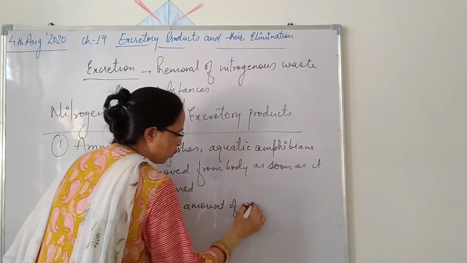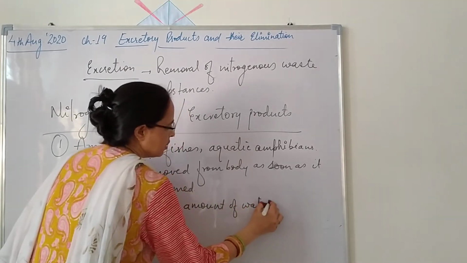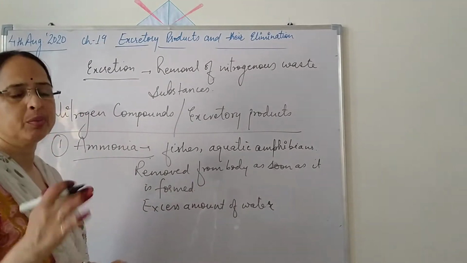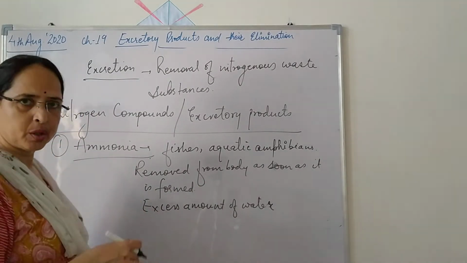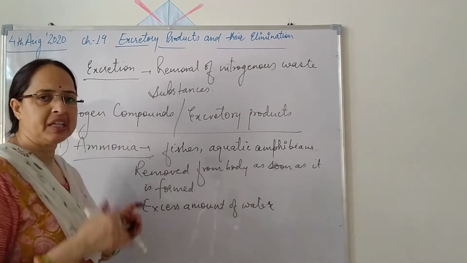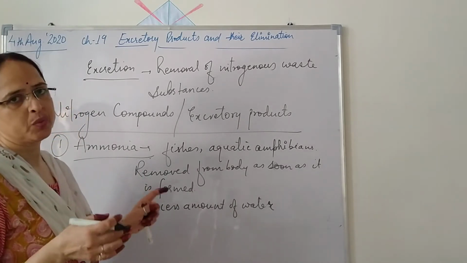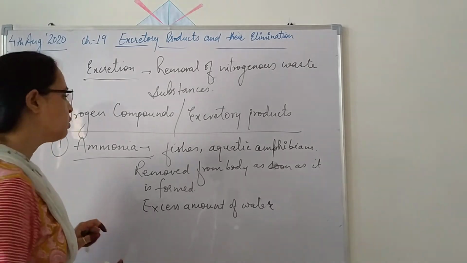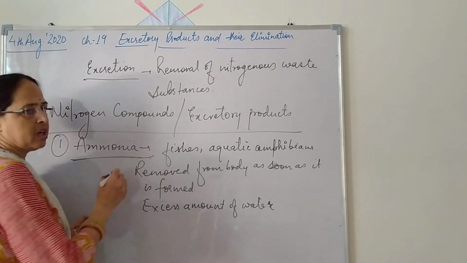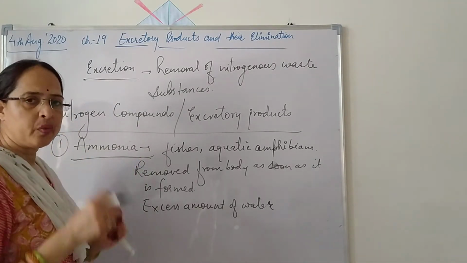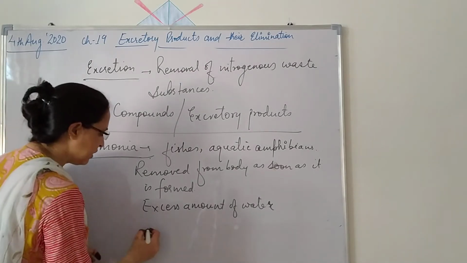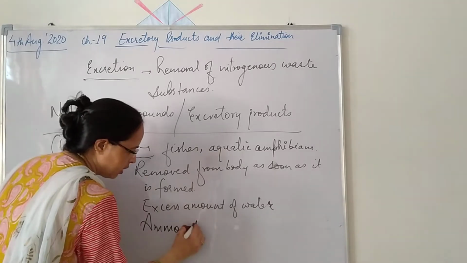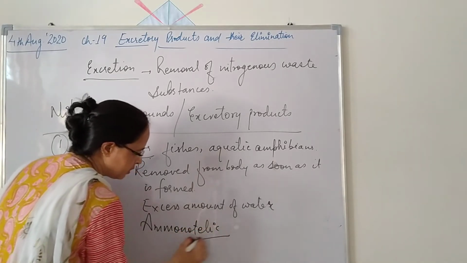That's why organisms like fishes and aquatic amphibians are present in water only, they survive in water only, and for them it is easier to remove the nitrogenous waste compound, ammonia, from their body. And these organisms, those who release ammonia as their waste product, are called ammonotelic.